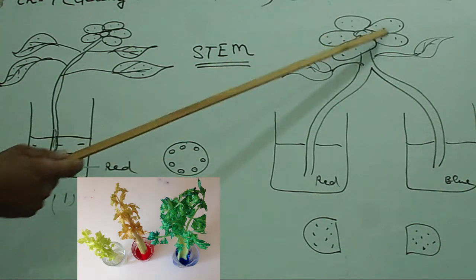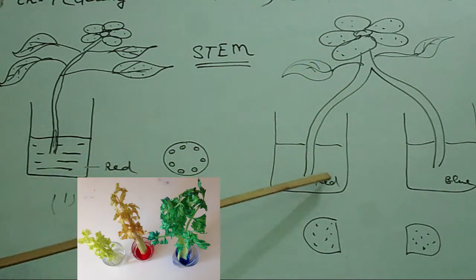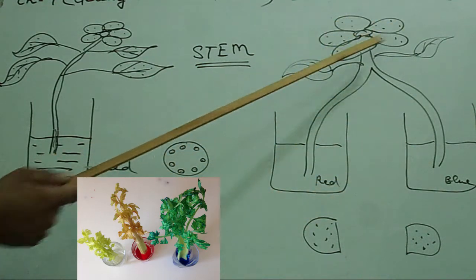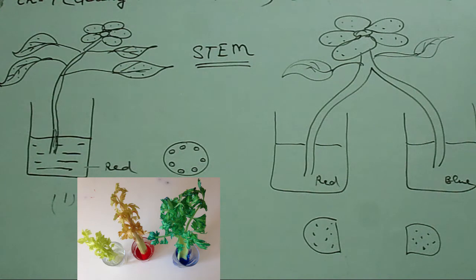In this white flower, we will observe both red and blue, mixed spots. Similarly, in the leaves, we can observe mixed colored spots. But if we take a thin, delicate section of the stem, we will observe red from this part and blue from this part.